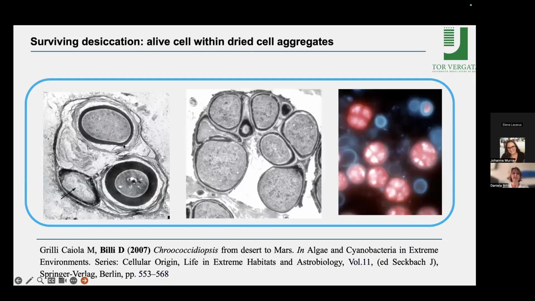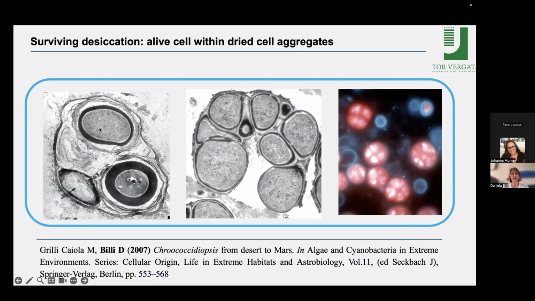These desert cyanobacteria are also very interesting because they are unicellular, but they undergo binary and multiple fission division, so that inside the multicellular aggregate, some cells die and others survive. So this is also very interesting.